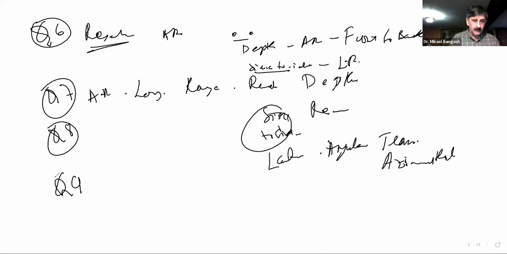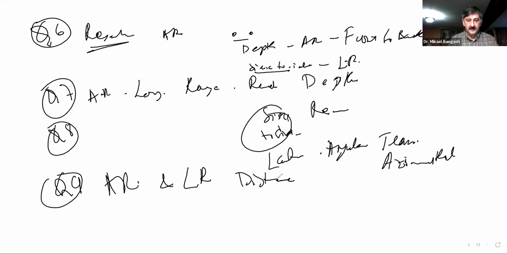Question number 9. Now, axial resolution and lateral resolution are both measured with the units of distance, because axial resolution could be millimeters, centimeters, whatsoever.